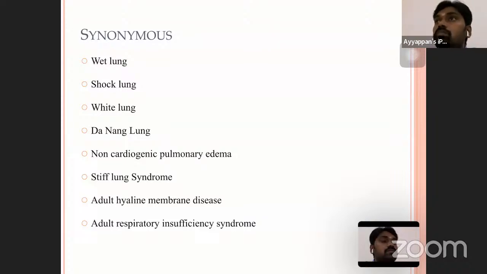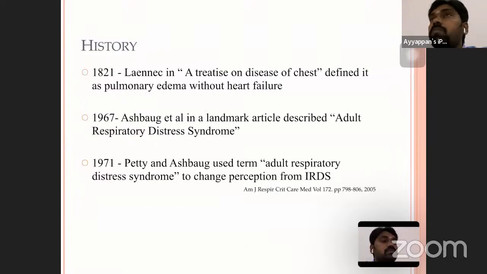It went by various names until 1967, when a landmark paper by Ashbaugh et al. in the American Thoracic Society journal coined the term adult respiratory distress syndrome. It was named so to delineate it from infant respiratory distress syndrome, because both had a similar radiological feature, but the pathophysiology was different.